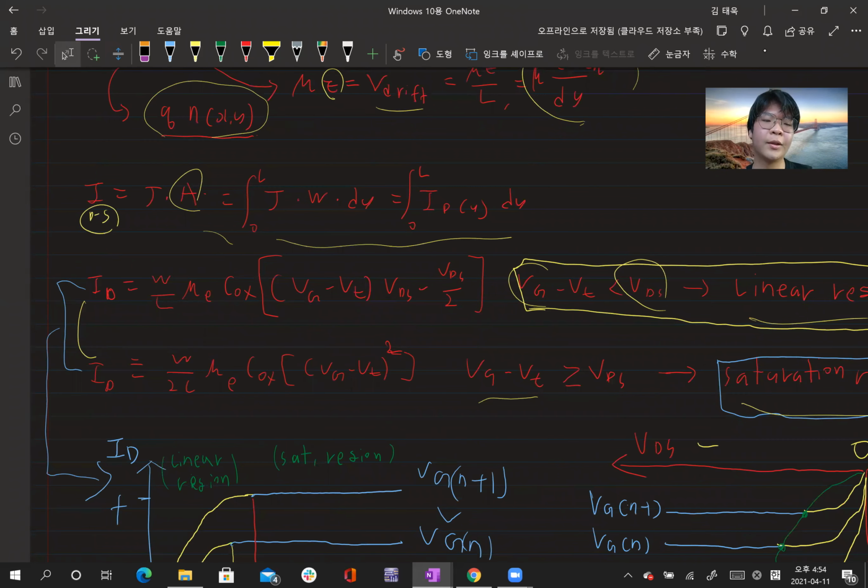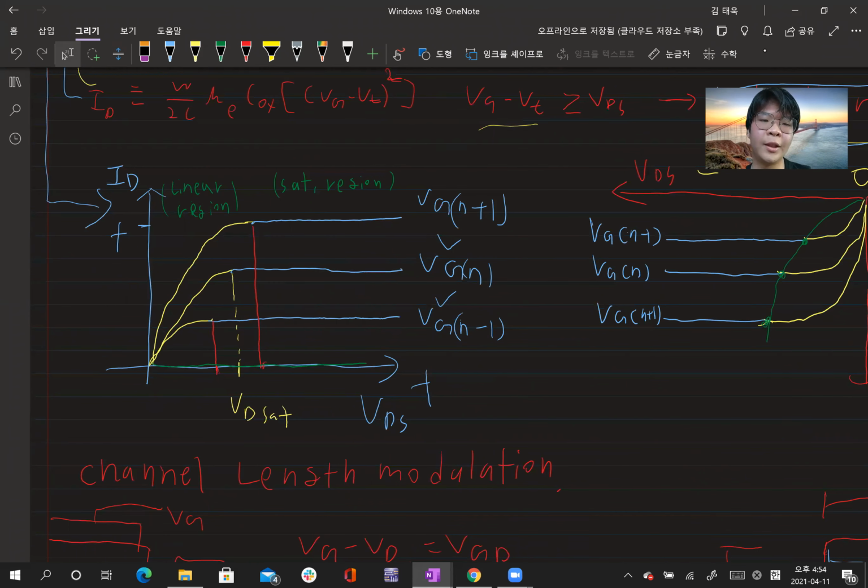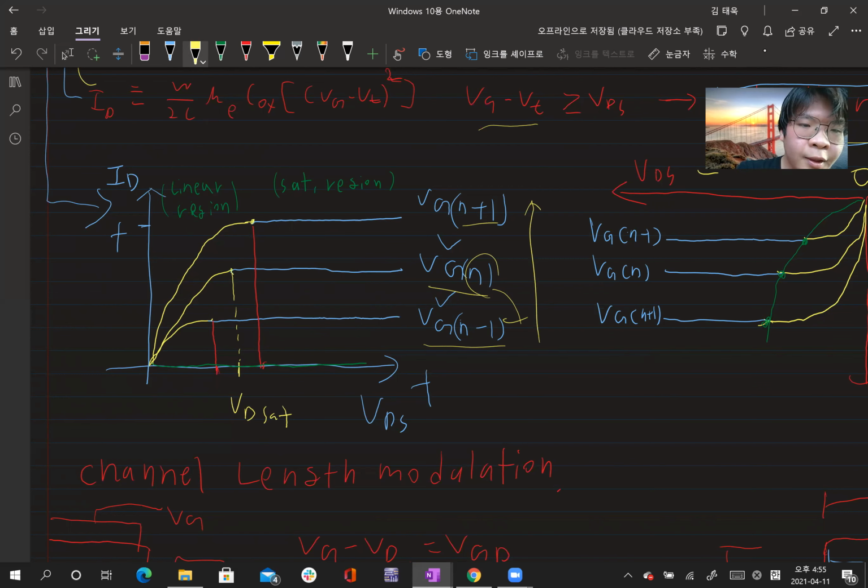So now here are the ID-VD characteristics of an NMOS. As the gate bias gets bigger, the threshold voltage gets bigger, and the saturation voltage or saturation current gets higher.